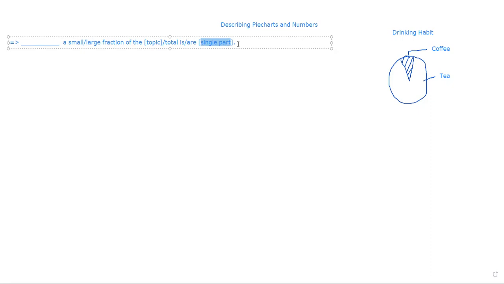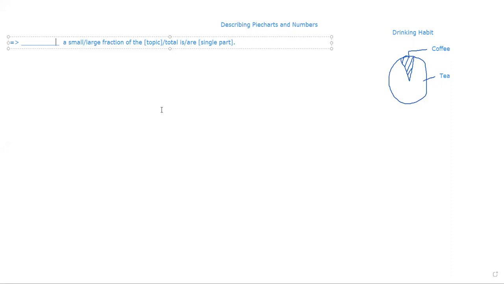Then let me say the first one as an example. Kindly pay attention. For example, coffee, is it covering a small fraction or a large fraction? Small fraction.